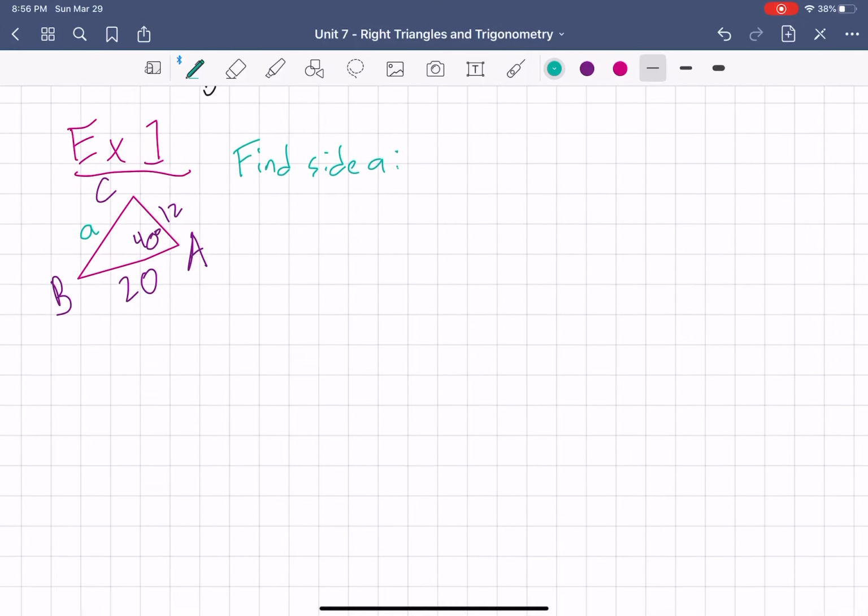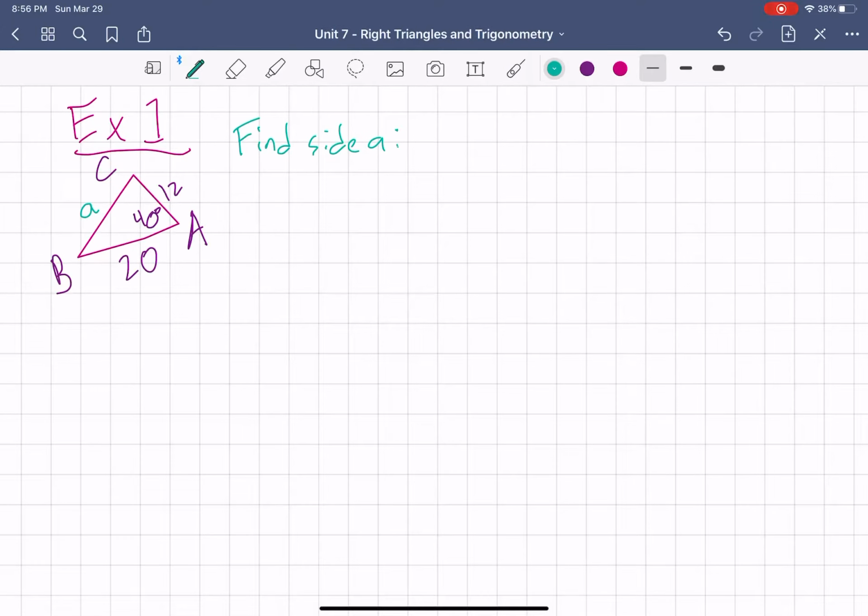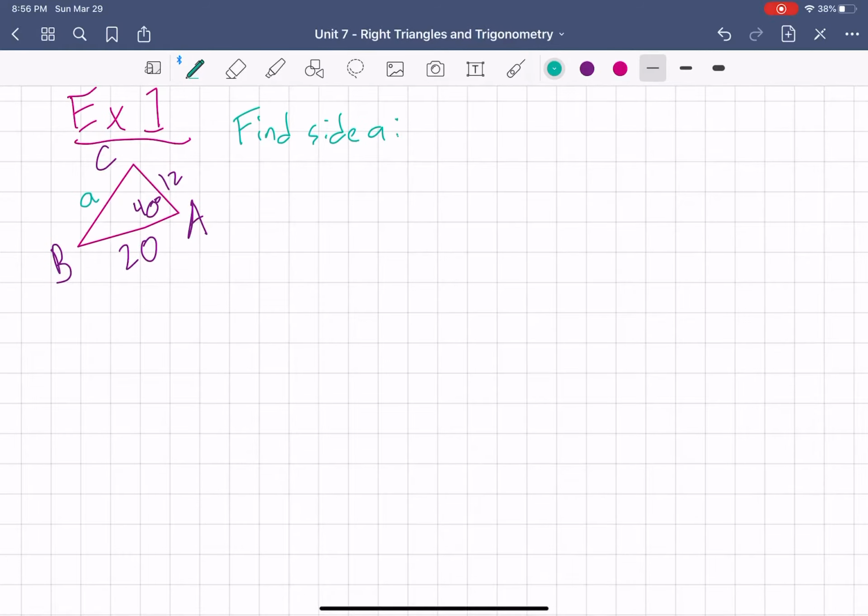We're going to use our law of cosines and just plug values into the formula.